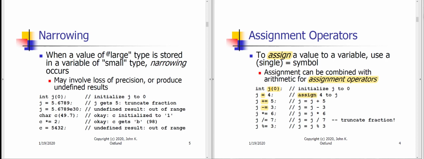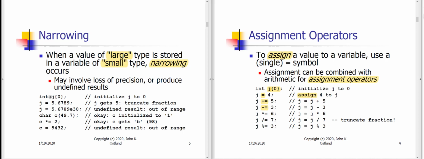But sometimes in your assignment you'll have a large value, such as a double, that you need to store into a small variable, such as an int. And when you take a large value and store that into a smaller variable, what's called narrowing takes place. The details of narrowing will depend on the data type of the object you're assigning into and the data type of the value that you're assigning from.